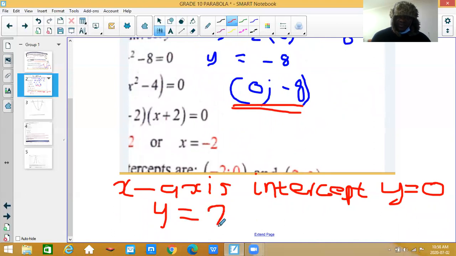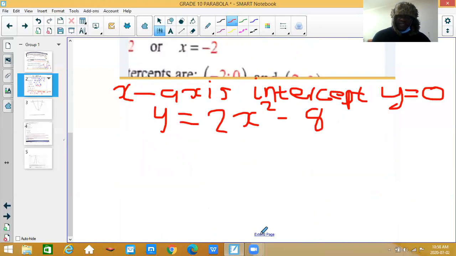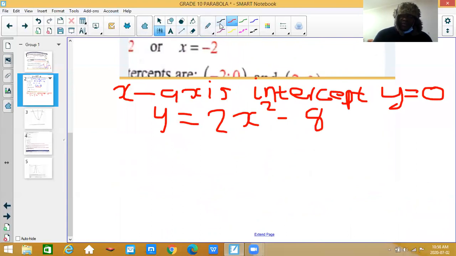We want to find the x-axis intercept, so the value of y is going to be 0. So you come here in the position of y, you put a 0, and these other ones remain as they are.